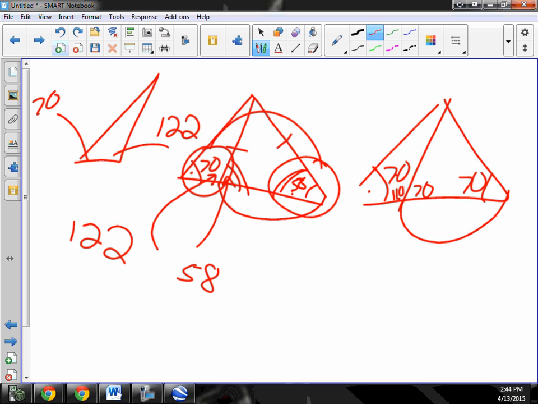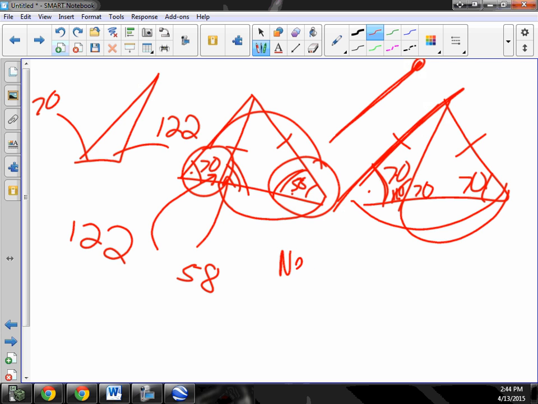If this angle equals this angle, then this side equals this side, and when I swing it, it's going to land right there. So I have that, and I have that right on top of it, with a 70-degree angle, a 110, and a 0 up there. So here's the rule.